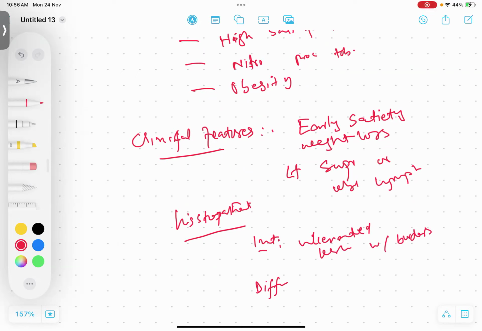You also see these intestinal-like columnar cells. And in the diffuse type, you will see diffuse infiltration of the stomach along with signet ring cells.